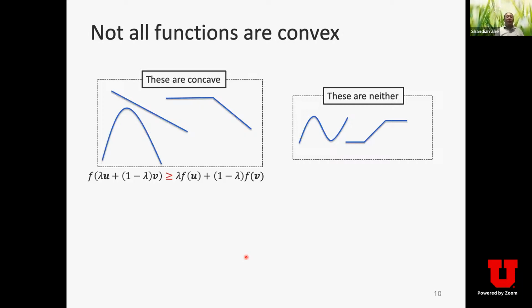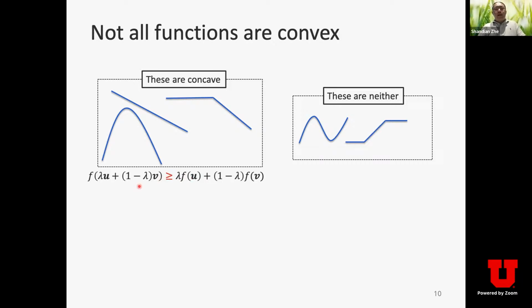If in the definition of convex function we change the direction of the inequality, so that the function value evaluated at the convex combination of inputs is bigger than or equal to the convex combination of function values, then this type of function is called a concave function. You can view it as a mirror family of convex functions.